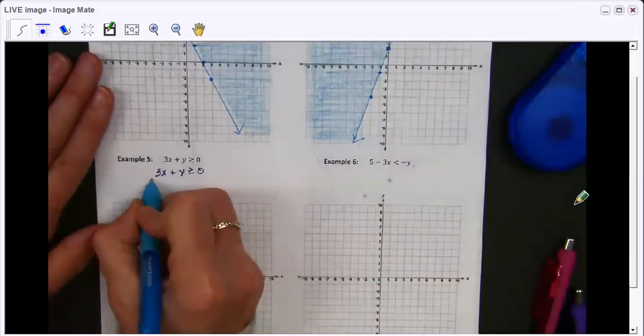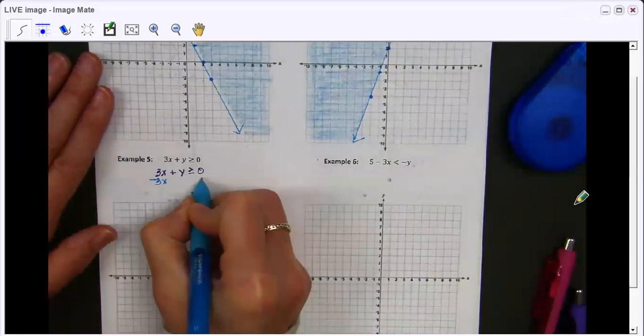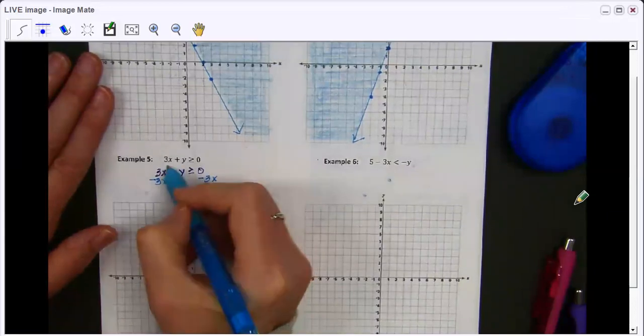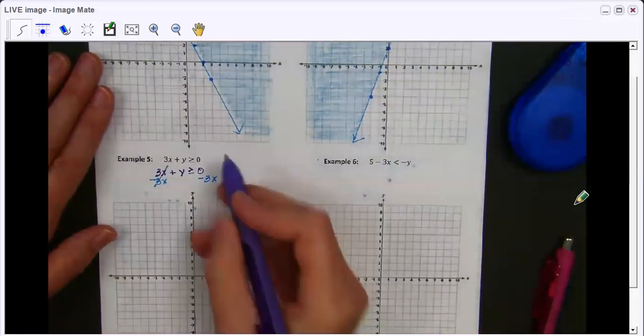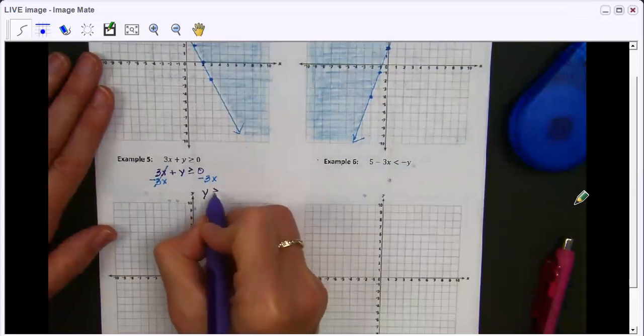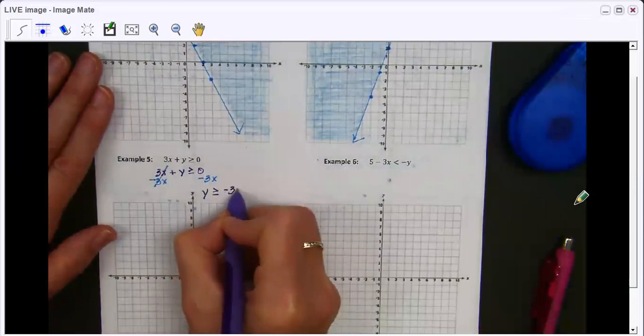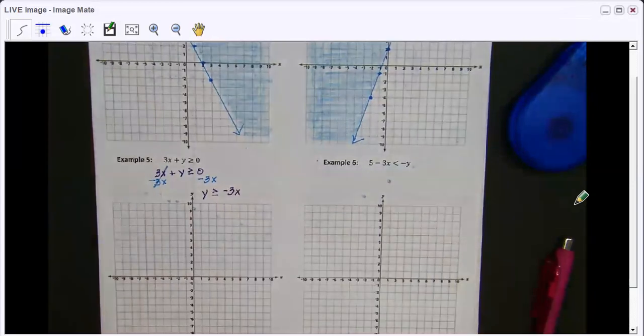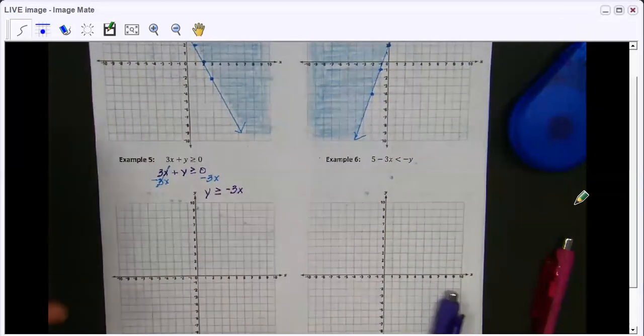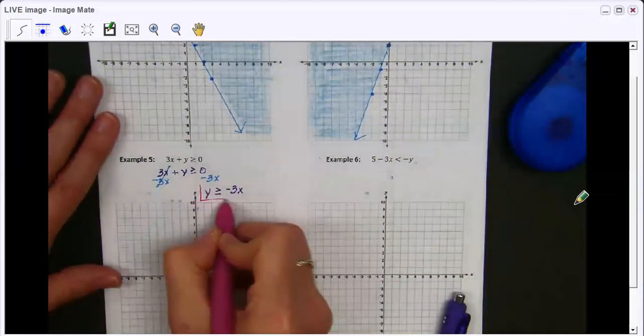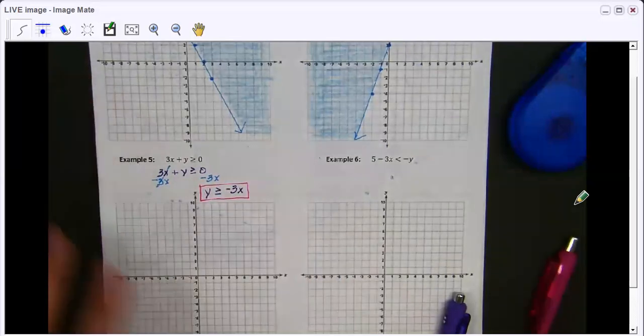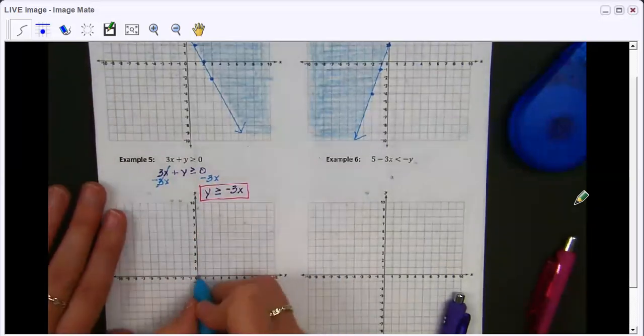I'm going to subtract 3x. And I end up with y is greater than or equal to -3x plus 0, or just -3x. Okay, so in this one, we're going to start at the origin because the y-intercept is 0.